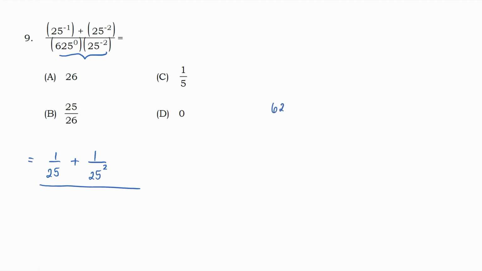So, 625 raised to 0 is equal to 1. So, di na natin siya isusulat. And then, 25 raised to negative 2 is 1 over 25 squared. Ayan. So, this can also be written as 25 squared. So, kunin mo lang yung reciprocal nitong denominator. So, the reciprocal is 25 squared.